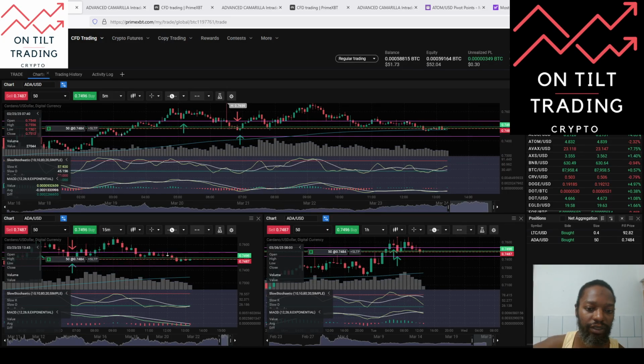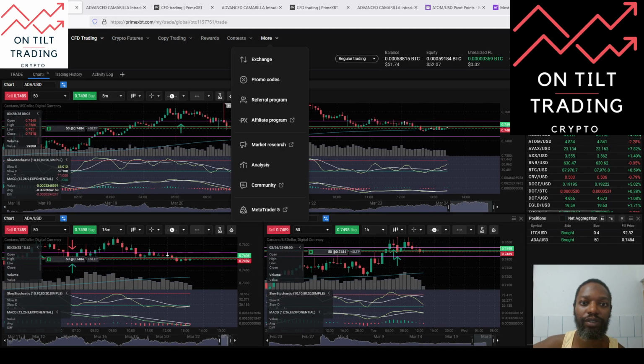And everything looks good, above the 200, right at the 200, but market structure seems to be holding here on the 15-minute, which is where I get my structure. But I won't go too much into detail on this. I'll have another video on Cardano depending on how it works out.